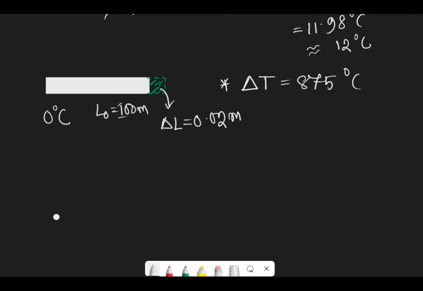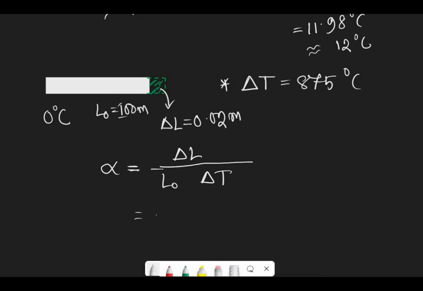To determine the linear coefficient for aluminum, it is del of L over the initial length and the change of temperature.